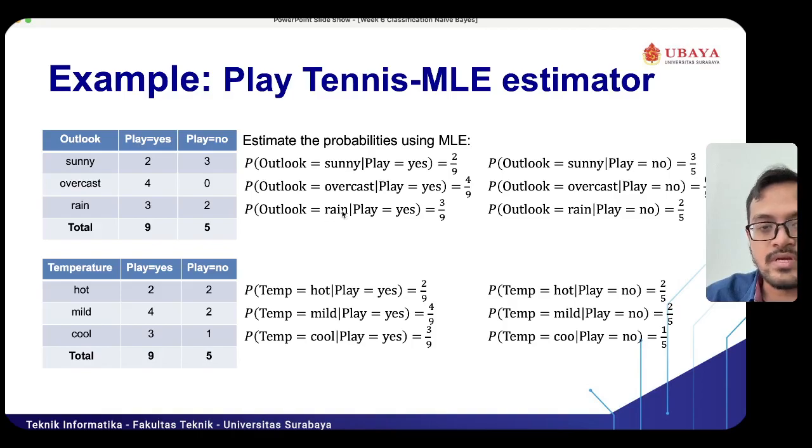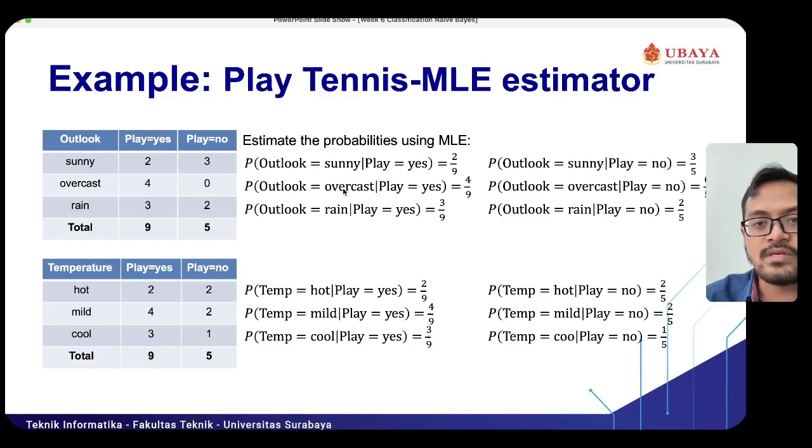For the outlook equal rain given playing tennis equal yes, it will be 3 divided by 9. And we also calculate for playing tennis equal no: 3 divided by 5, 0 divided by 5, and 2 divided by 5. And these are the probabilities using the MLE estimator for the outlook feature, right?